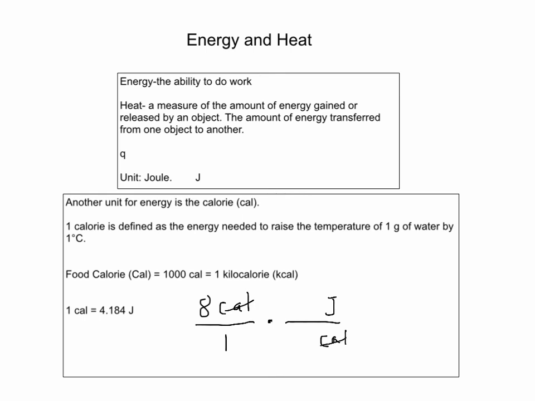Calories now cancel. I'm left with the unit I want, joules, and I know that 1 calorie is 4.184 joules, and I solve this to get 33.47 joules. So just like all unit conversions, I just use stoichiometry and the relationships that I was given here.